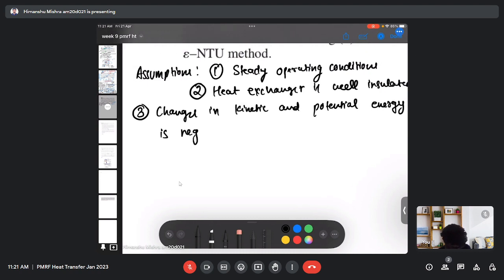I'm referring that the change is negligible.